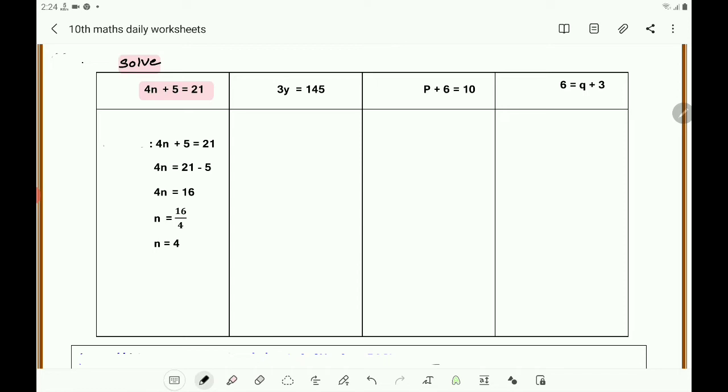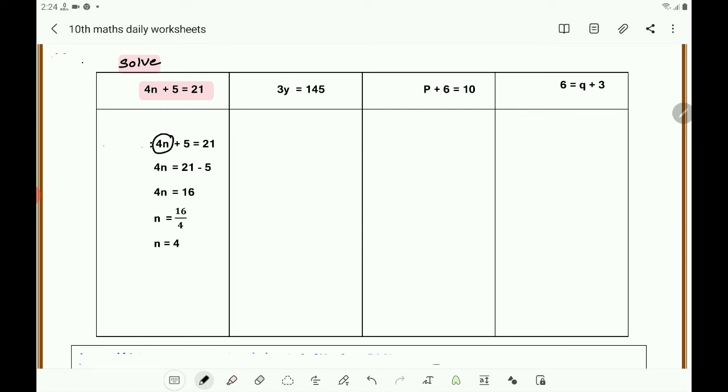Now here solving means what? Finding the value of n, finding the value of the variable. Consider the equation 4n plus 5 equals 21. Here you transfer the plus 5 to the RHS. So what will remain in the LHS?